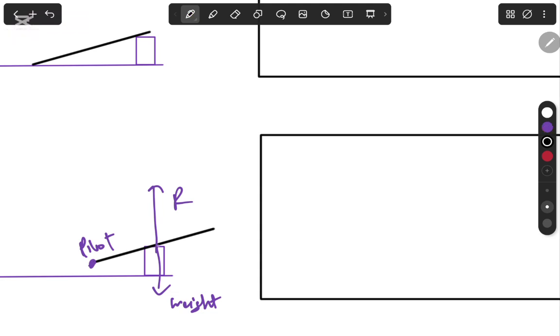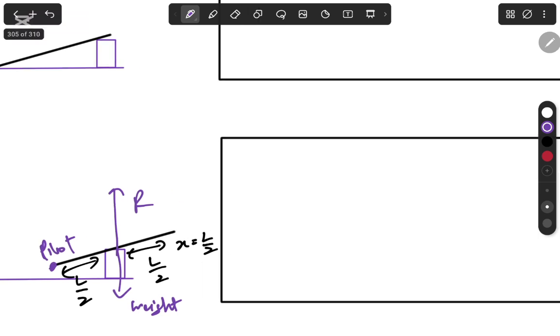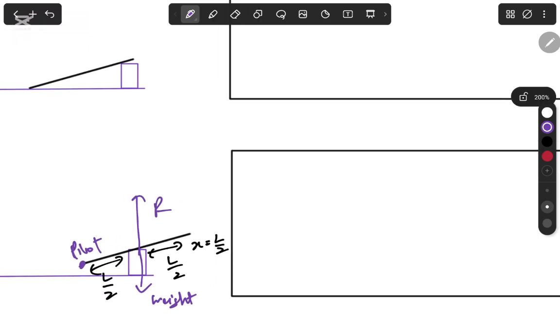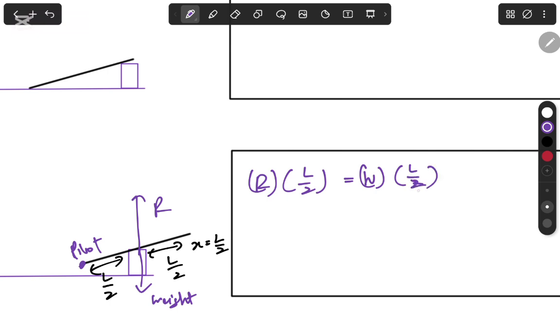And we know that at this point, when this is halfway outside, when X is equal to L by 2, half of the book is outside and half of it is right over here on the shelf. And then we can see that the reaction and the weight are at the same place. So if we find their moments, we can see that R, and the distance from the pivot L by 2, is equal to W, L by 2.